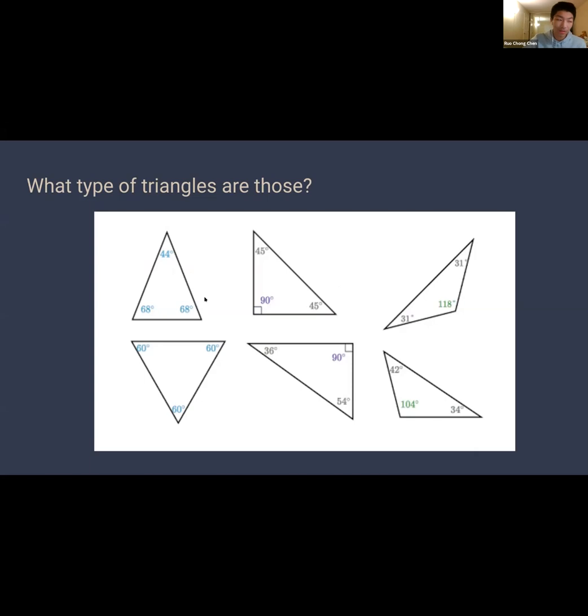As I talked about before, the opposite sides of the two equal angles are equal, and it also has a right angle, so it is a special isosceles triangle, which is called maybe isosceles right triangle?